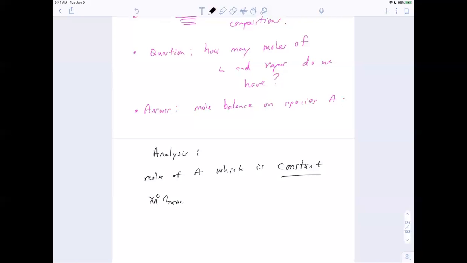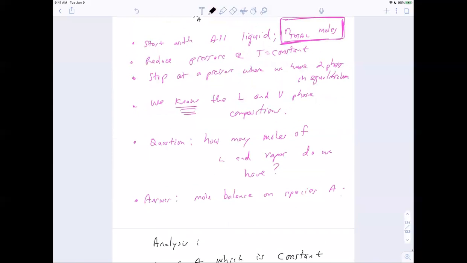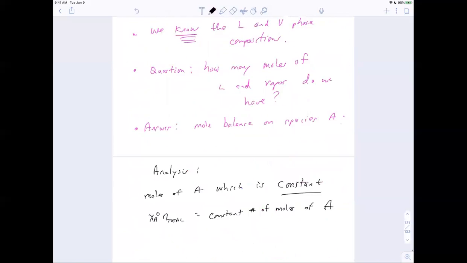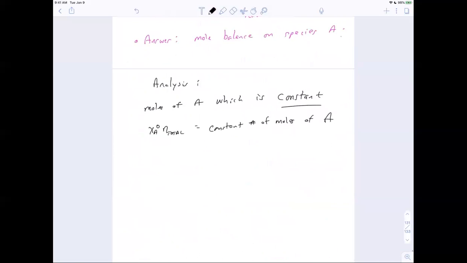This was our initial and constant number of moles of A. Our initial composition was X_A naught, and we had N total moles of liquid. So it's simple. That's what we have as the moles of A.